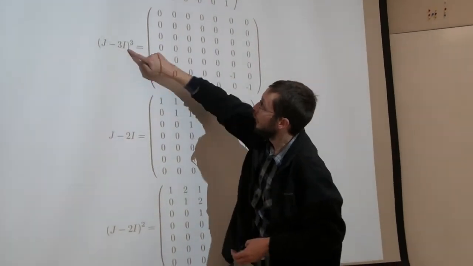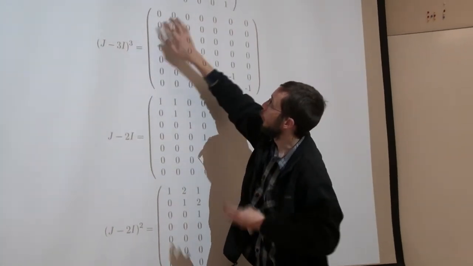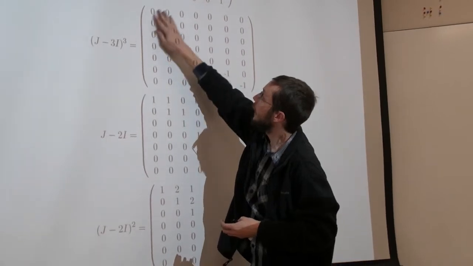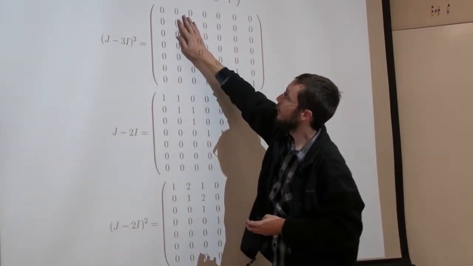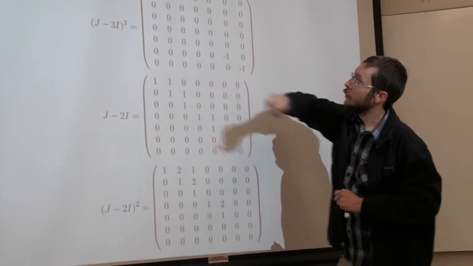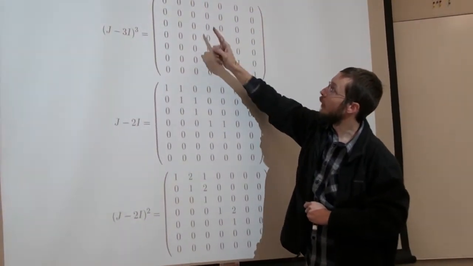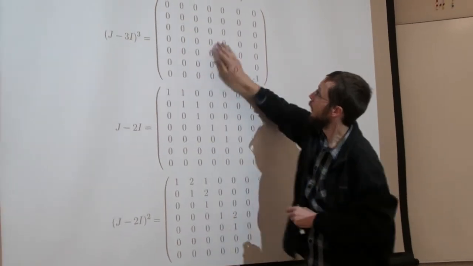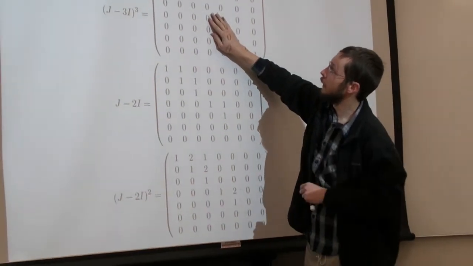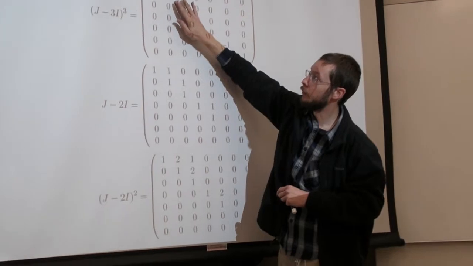This Jordan block in J minus 3I squared had rank 1, but when you cube it, now you're down to rank 0. Okay? So what happened here is when we took J minus 3I cubed, the rank dropped by 1, because that one had rank 1, this one already had rank 0. And so the rank just dropped by 1.